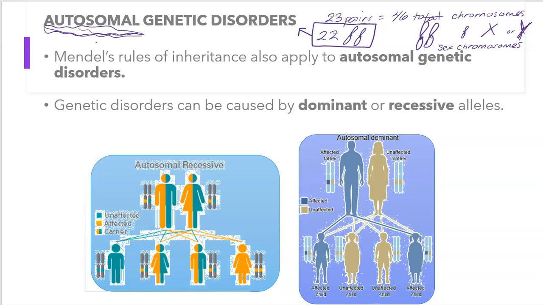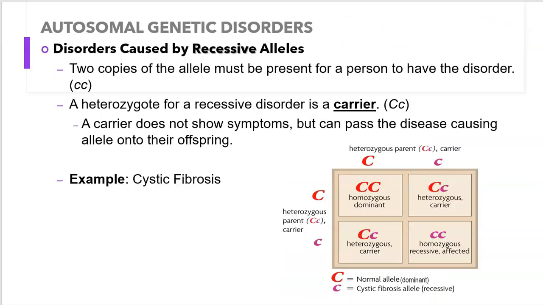Mendel's rules of inheritance also apply to humans with our autosomal genetic disorders. So not only do they apply to our characteristics or traits, they also apply to some common genetic disorders that we see in families. These genetic disorders can be dominant or recessive, so they can be caused by either allele, and we'll go through some examples.